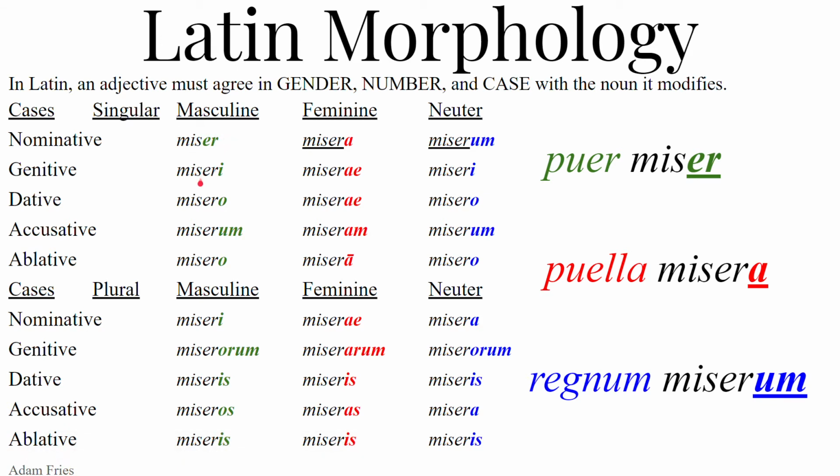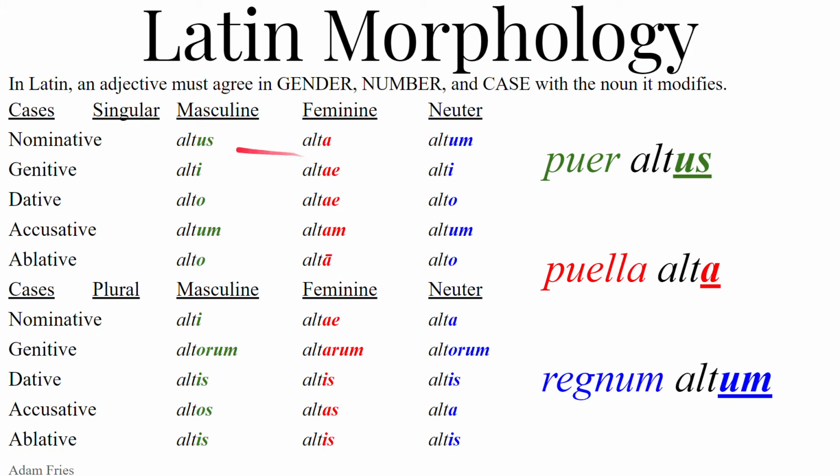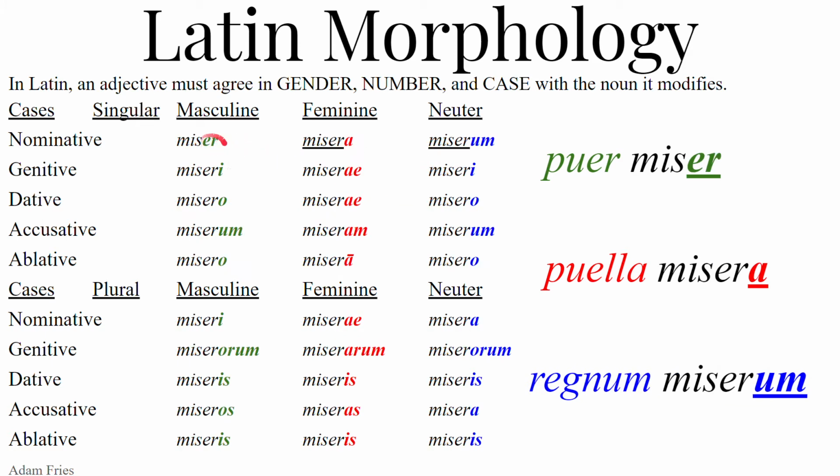So miser is the stem for all of these, and then you add second declension masculine endings for the masculine, first declension feminine endings for the feminine, and second declension neuter endings for the neuter, just like you did with altus. It's just that masculine er guy is kind of weird.